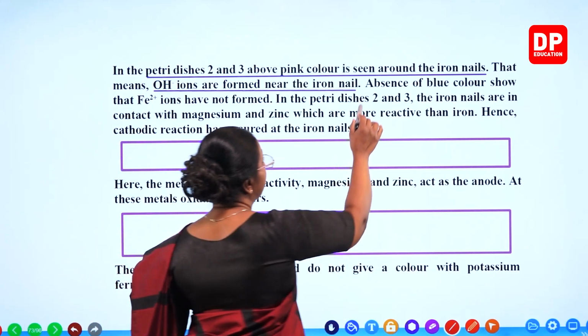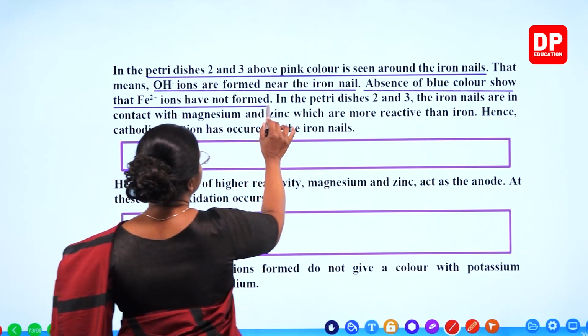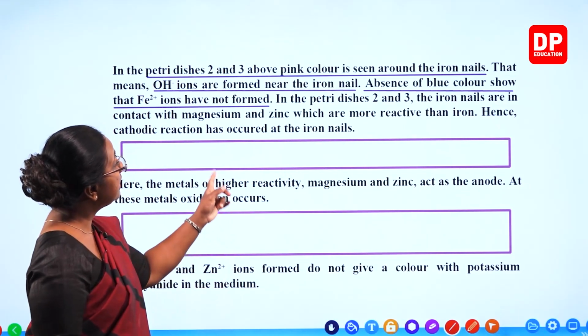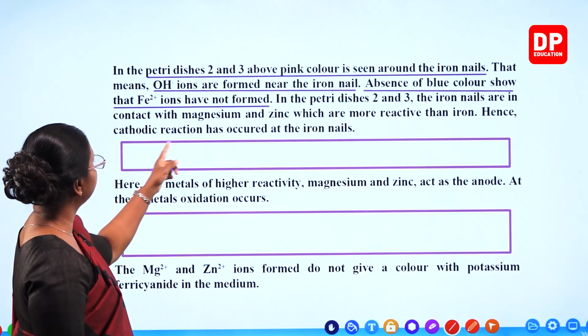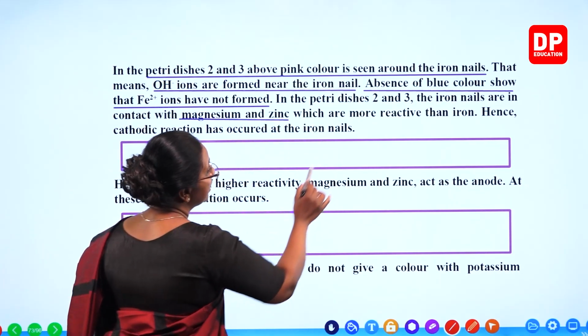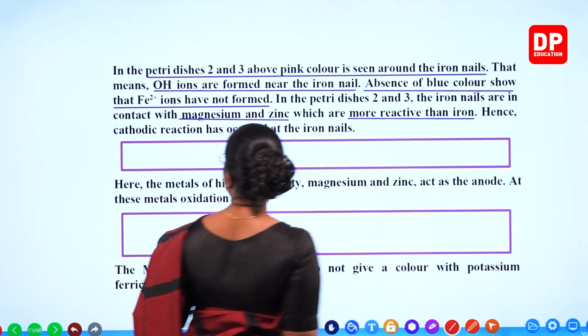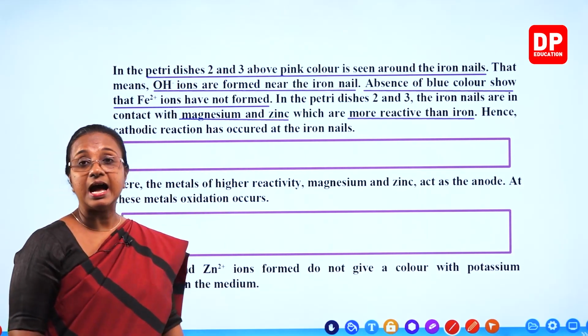So you have to remember that also. In the Petri dishes 2 and 3, the iron nails are in contact with magnesium and zinc, which are more reactive than iron. Hence, cathodic reaction has occurred at the iron nails.